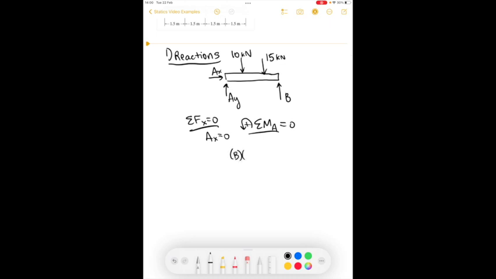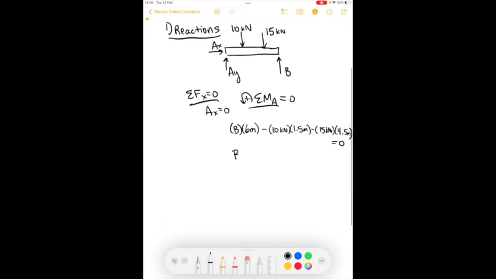So B causes a positive moment. Two external forces are negative. And solving for B, we find that B is 13.75 kilonewtons.